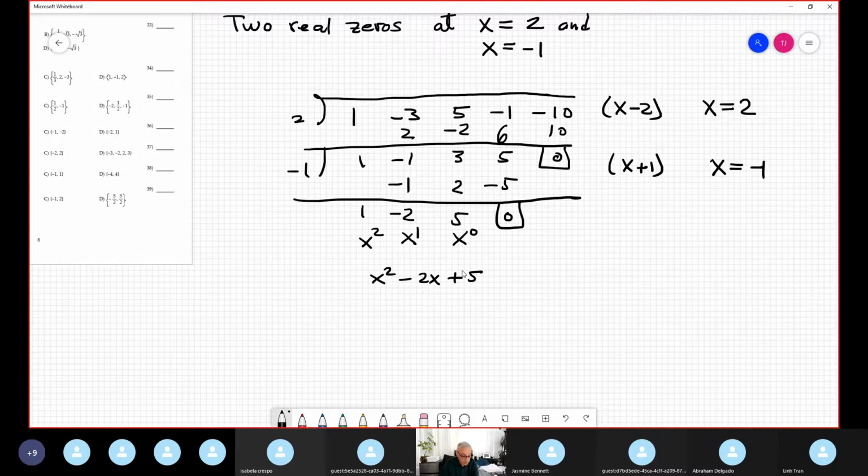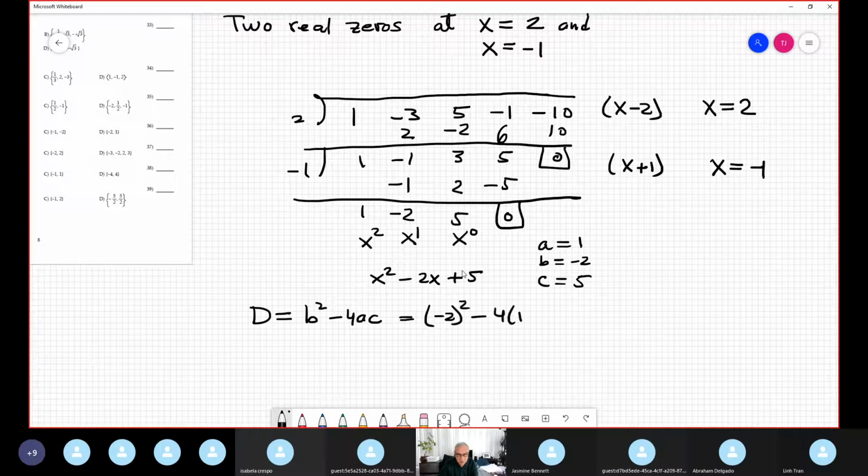If you want proof that this is complex or not, you compute the discriminant. Discriminant is b squared minus 4ac. In our specific example, a is 1, b is negative 2, and c is 5. So it is negative 2 squared minus 4 times 1 times 5.